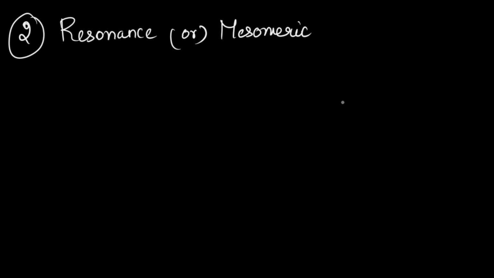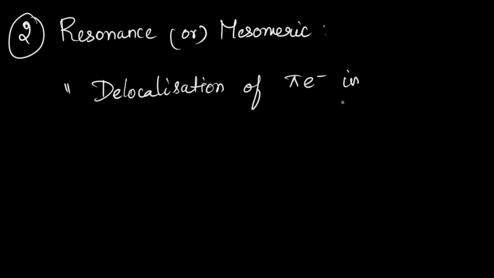While we were talking about aromaticity, benzenes, right? It is nothing but delocalization of pi electrons in conjugated systems. Conjugation means alternate double and single bonds, right? So delocalization of pi electrons in a conjugated system is called the mesomeric effect.